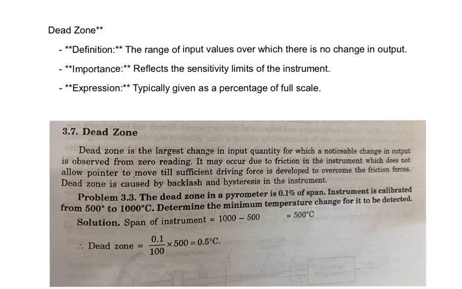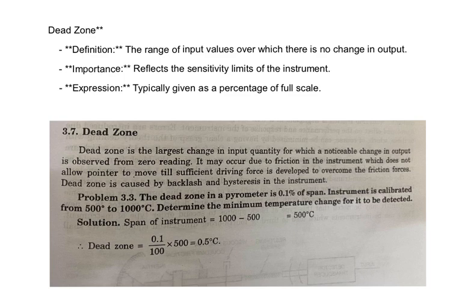So we have come across these; let me quickly revise the static characteristics of measurement. Here we discussed accuracy and error, and in error we discussed the problem, and then reproducibility and drift. Then we discussed sensitivity and dead zone.